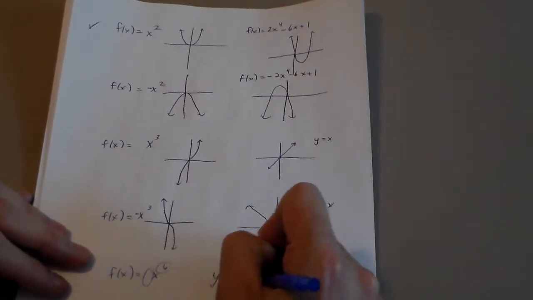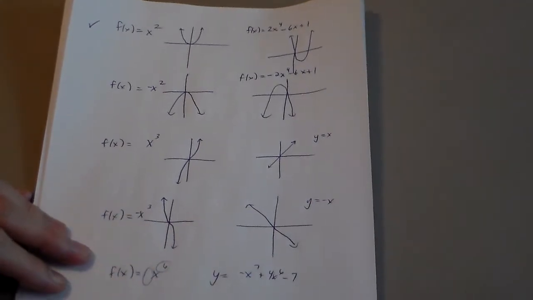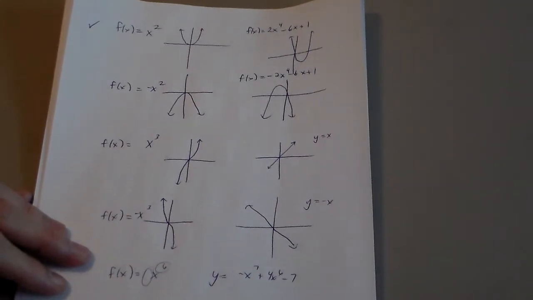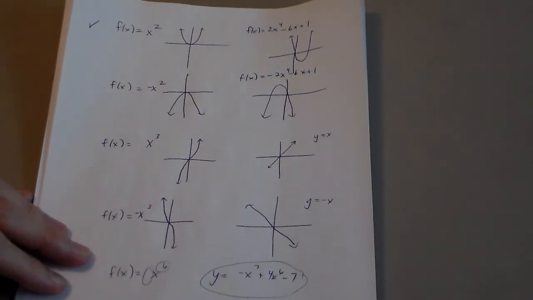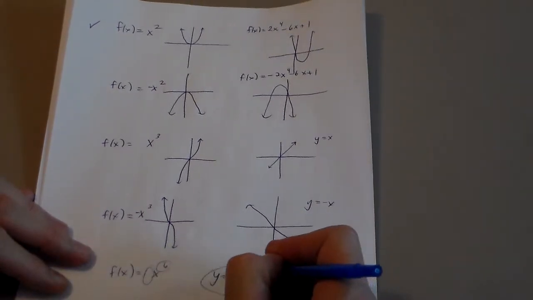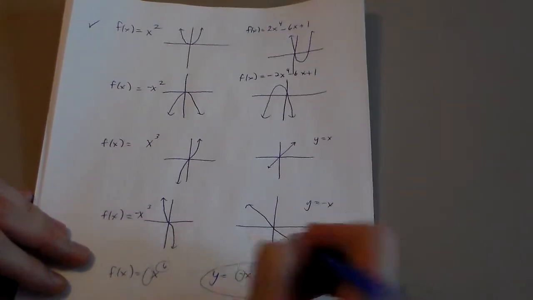y equals negative x to the 7th plus 4x to the 6th minus 7. I don't know. I could put anything I want after that first term. What is this one gonna look like, you think? Well, let's look. This is negative, and my exponent is odd.